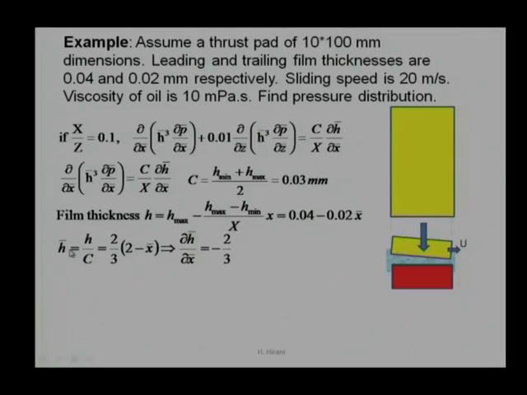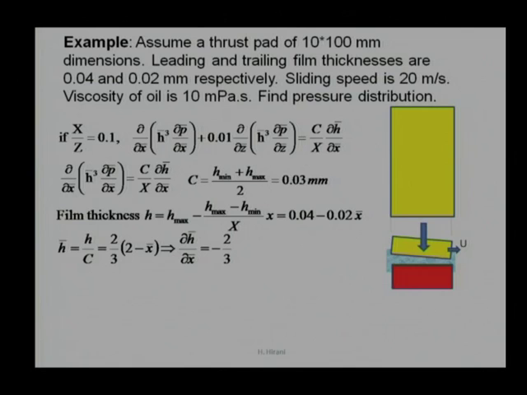So, H bar in our case turns out to be 0.04 minus 0.02 x bar, divided by 0.03. We can say simply it will be 4 divided by 3 minus 2 divided by 3 x bar. 2 can be taken common and 3 can be taken common. So, it will turn out to be 2 by 3 times, in bracket, 2 minus x bar.